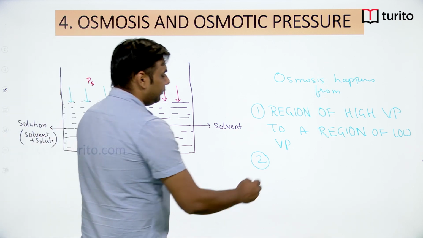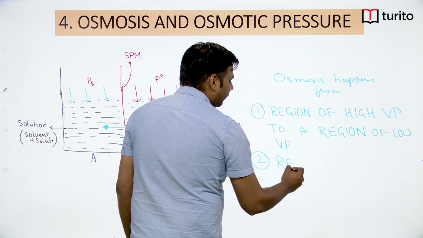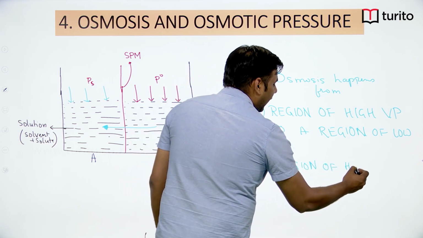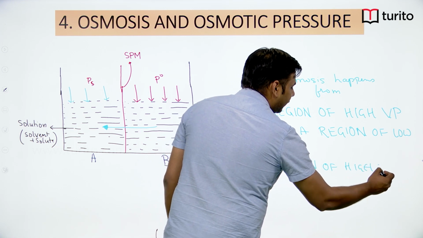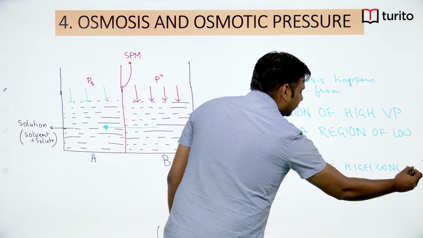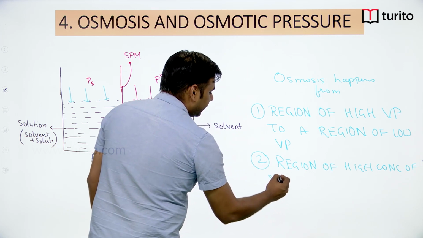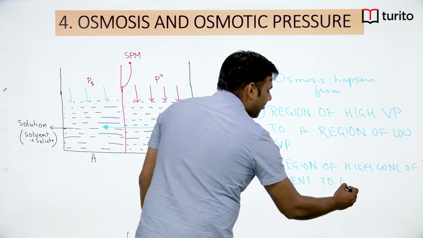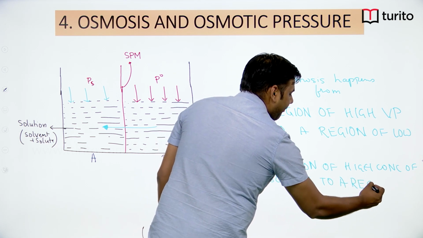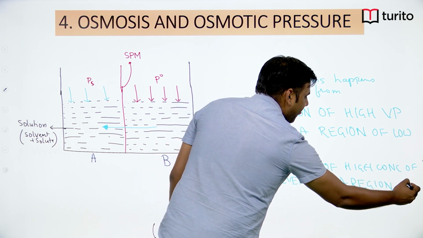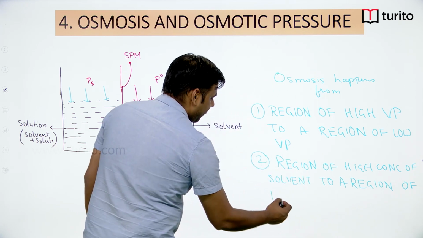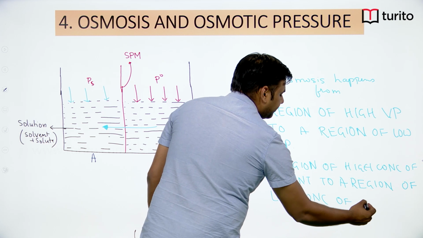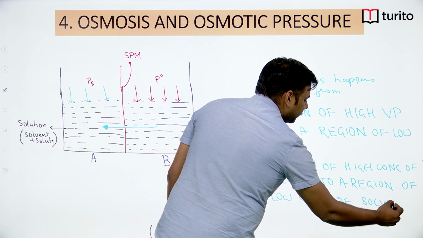So we say that it moves from a region of high concentration of solvent to a region of low concentration of solvent. Okay, hope this is clear to you.